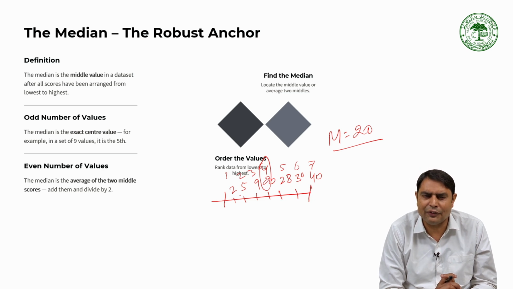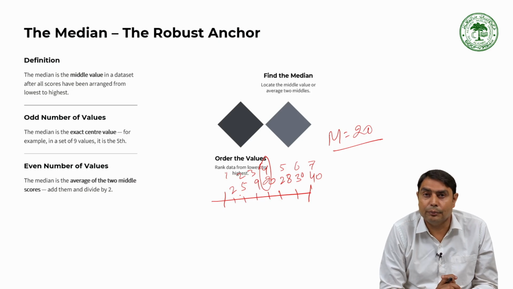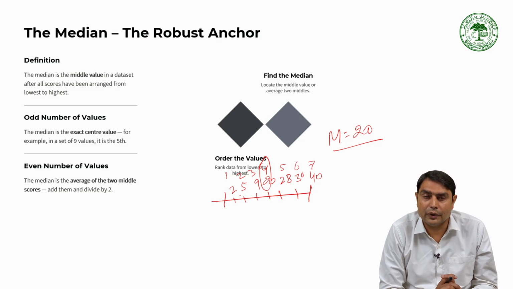How are you feeling after taking this medicine? I am feeling okay, better than before. Here, things are not quantitative. The median will work, the mean will not work. Right?